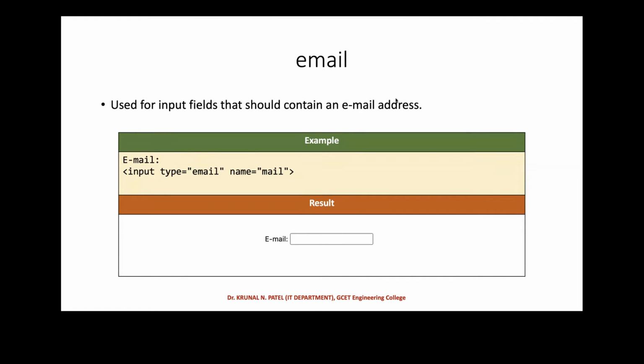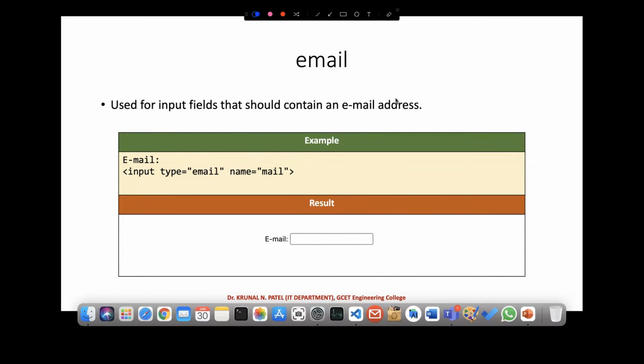Then email. Here by default the pattern is n@n. What is the meaning of n? n is any string, right? So whenever we are entering the email, the @ must be there, right?